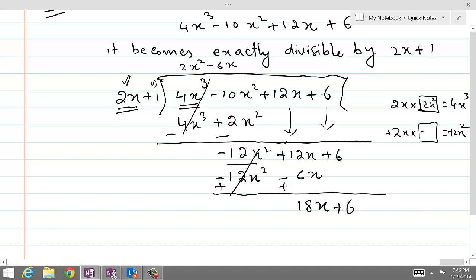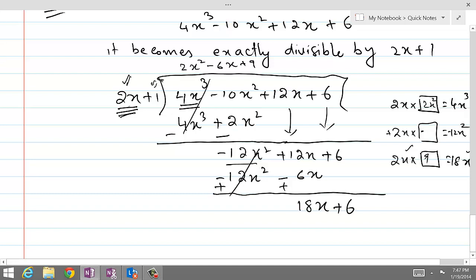Now you see, 2x should be multiplied with what to get the answer 18x? We can multiply 2 with 9, and because the answer is x and x is what we want, we don't need to involve any variable. So plus 9 would be the number.